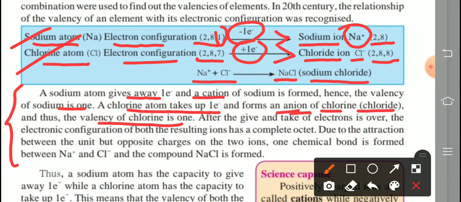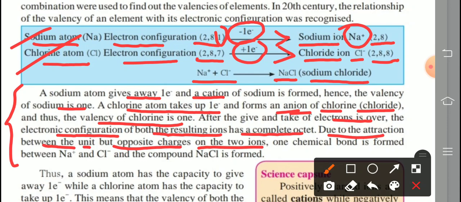After the give and take of electrons is over, the electronic configuration of both the resulting ions has a complete octet. Due to the attraction between the positive and negative charges, opposite charges are there on both the ions.